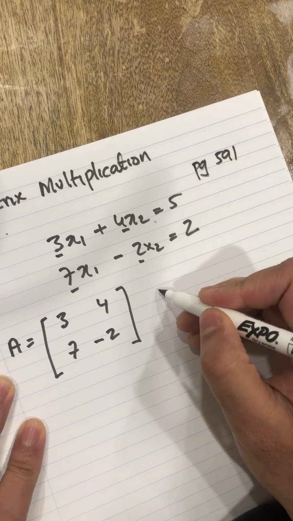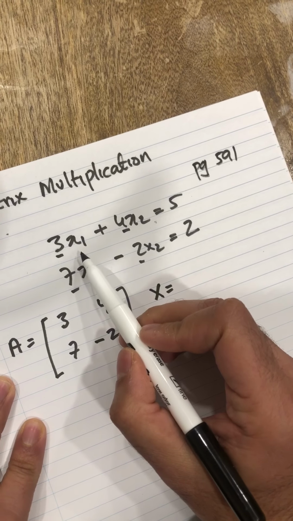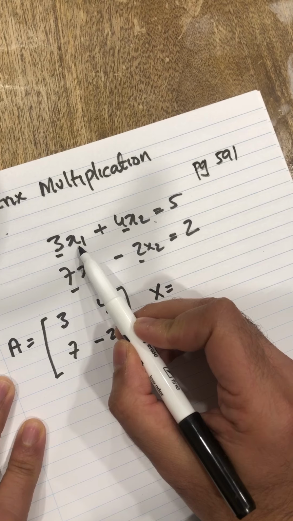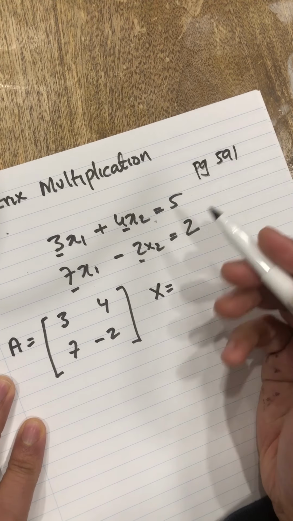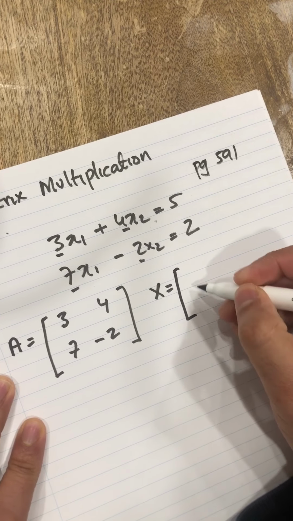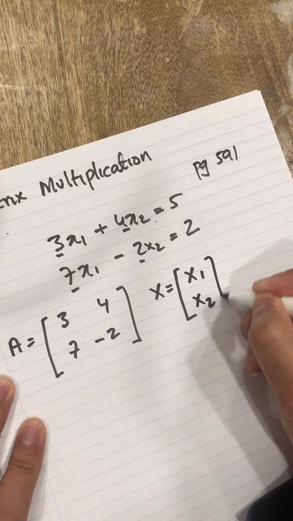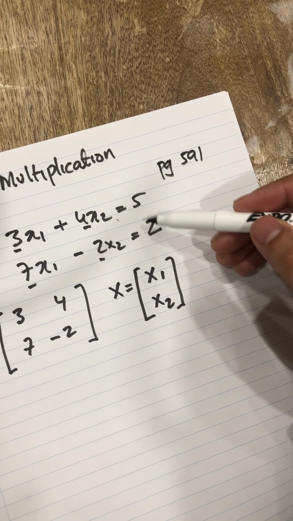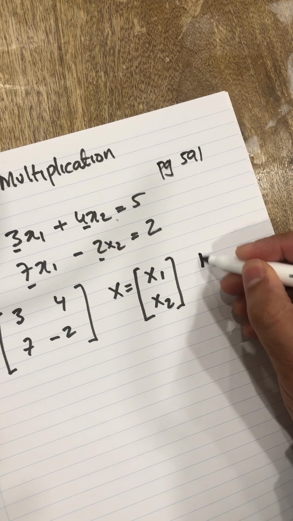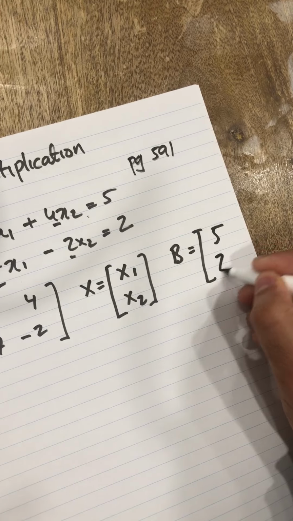And then you can create a matrix X, which includes all the unknowns of your equations, which is x1 and x2. You can put this in a column matrix, x1 and x2. And then you have your results, 5 and 2, which you can put in another matrix. Again, this is going to be a column matrix.